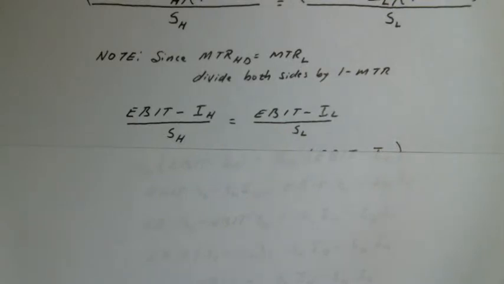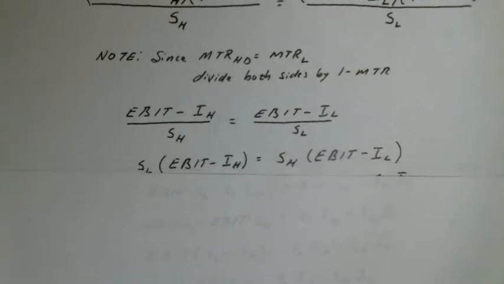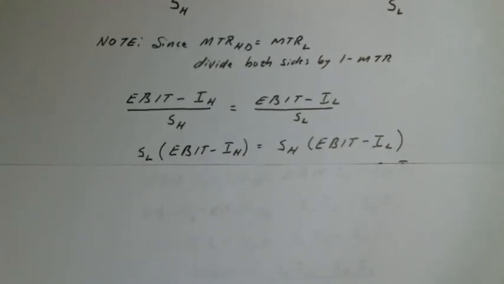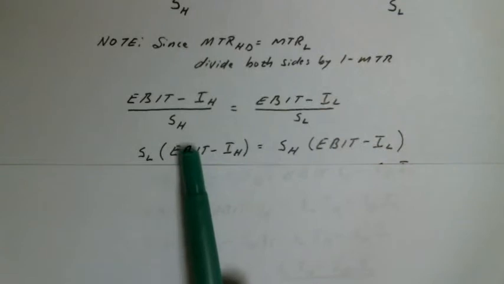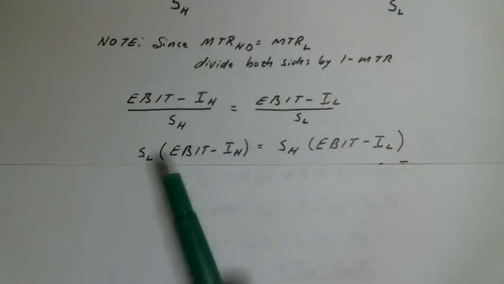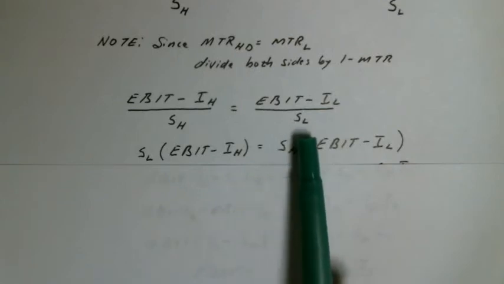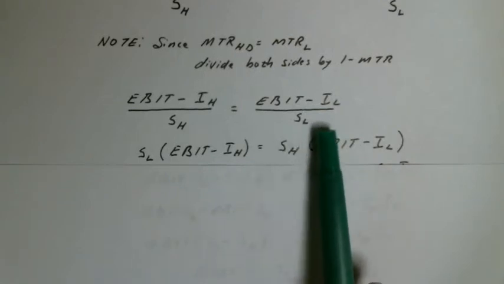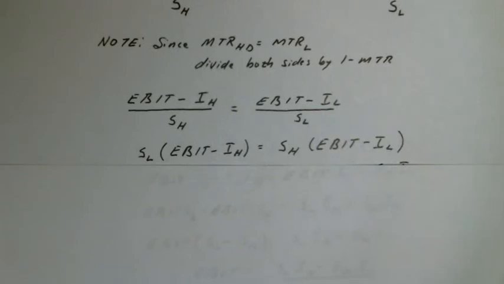Now I'm going to cross multiply exactly like we did earlier, but simply with the expressions. When I do, this will be the result. After I cross multiply, I'm going to use the distributive property and distribute the shares of Lowe's to each of these two terms, and the shares of Home Depot to the EBIT and to the interest expense of Lowe's.